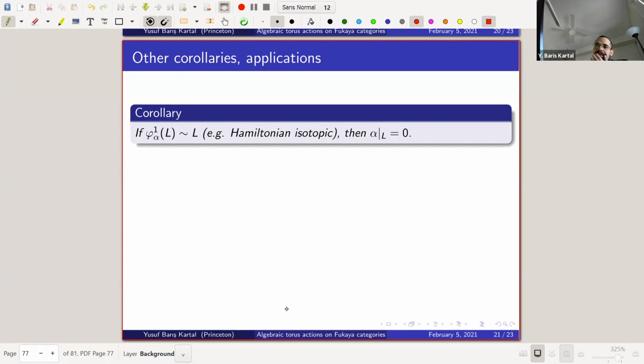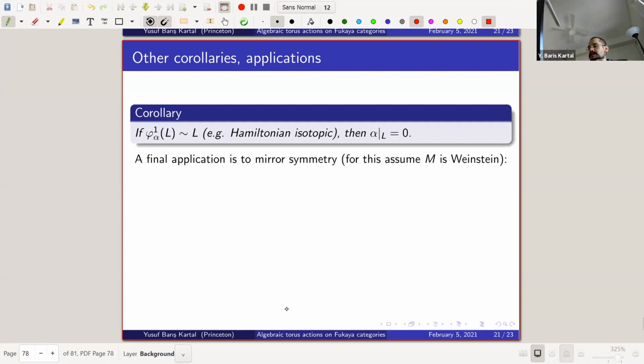This can be thought of as a Lagrangian flux version. If you have an alpha such that phi alpha 1 of L is, for instance, Hamiltonian isotopic to L, then the restriction of alpha to L is zero. I'm not presenting this as the most important corollary. It may be pretty well known as well.